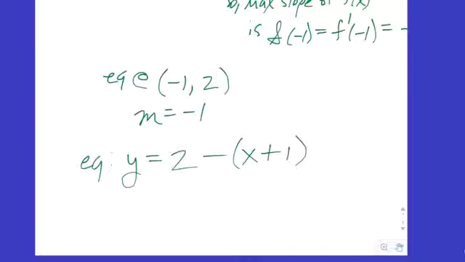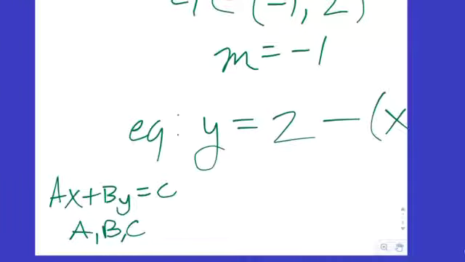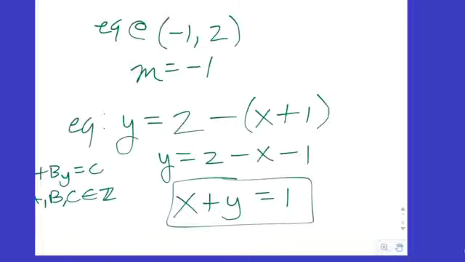Now, it did say to put it in general form. So remember, general form is of the form ax plus by equals c, and typically a, b, and c are all integers. So if you have a fraction, you eradicate it. We're not going to have a fraction, so all we have to do is just distribute, and then bring the x across, and you get x plus y equals 2 minus 1 is 1. And there it is.